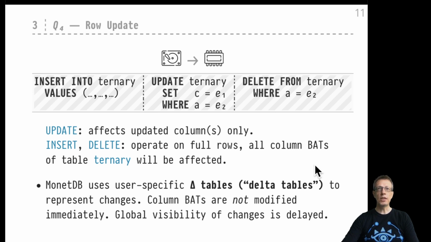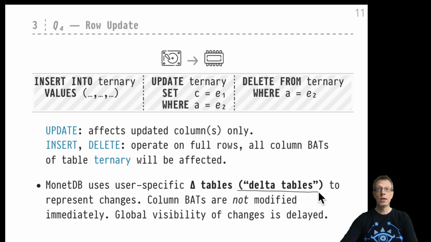Okay, so to save the system from maintaining multiple copies to provide one particular user a view on her table and all other users the global view of the table, to save the system from maintaining such multiple, very memory resource intensive copies of the column BATs, MonetDB implements so-called delta table logic, so delta tables.